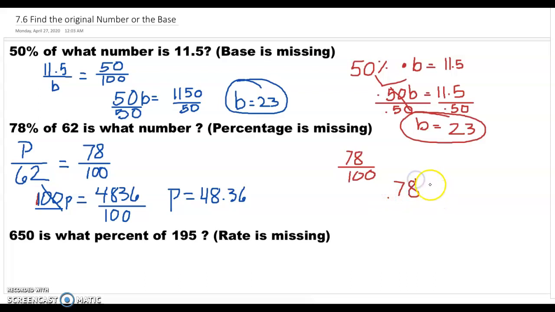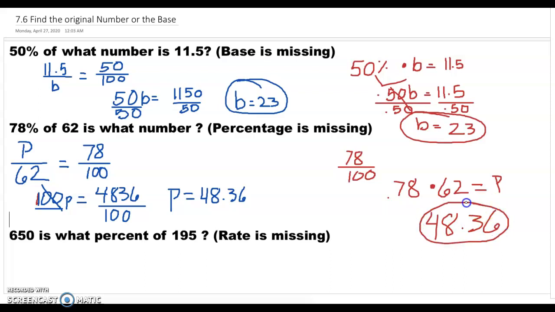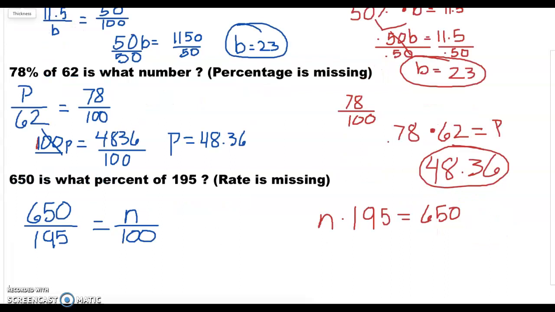Then we're going to multiply by 62, because that is the given number, equals P. And if you multiply 0.78 by 62, you will get 48.36. All right, and last but not least, we're going to go over 650 is what percent of 195, and the rate is missing, okay?